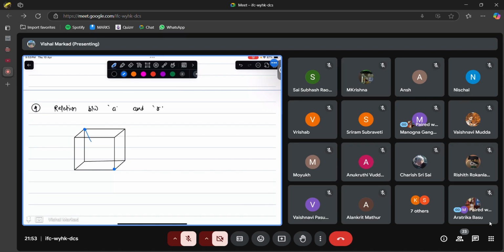It will start from here and end here. Okay, so this is the body diagonal. Now I have to find out the distance of this body diagonal. Can I find out this distance? Now here a corner is there, so a sphere will be there. Yes or no? Right? The same sphere will be present at another corner also.